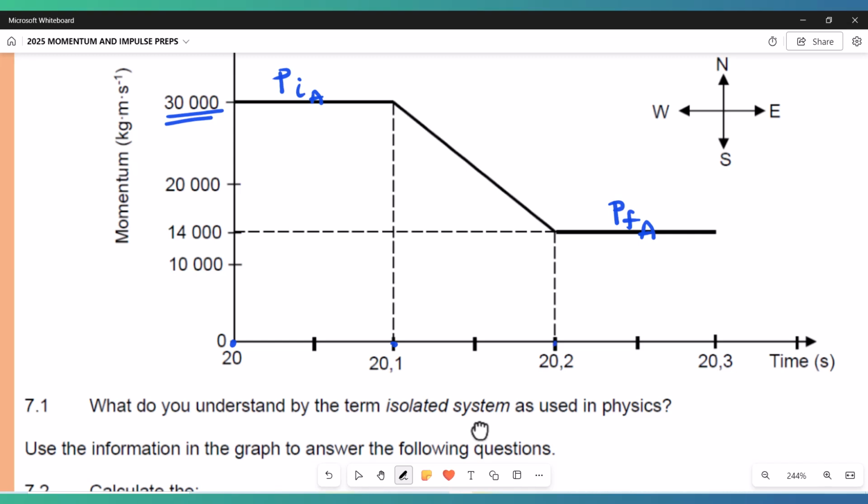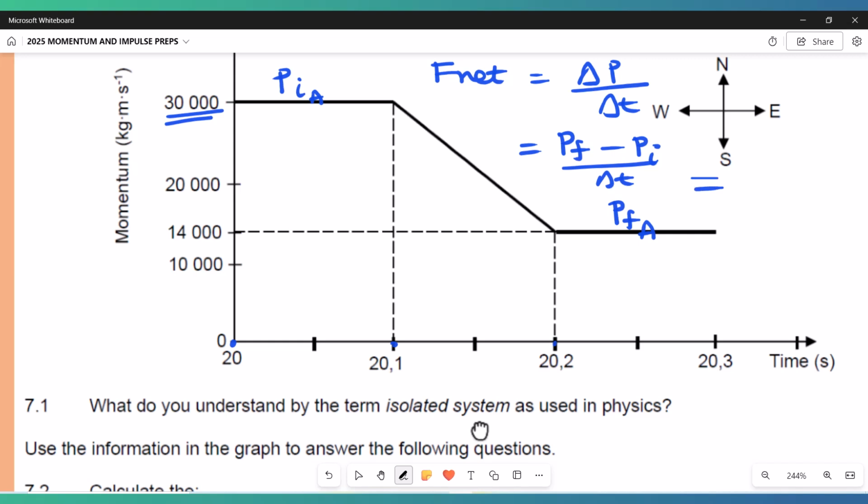So F net equals change in momentum divided by change in time. The change in momentum is final momentum minus initial momentum, divided by change in time.